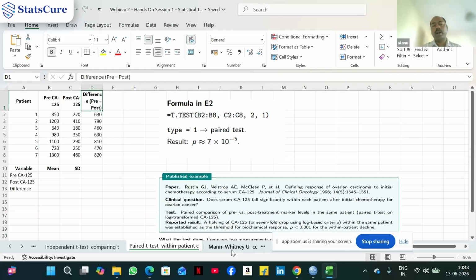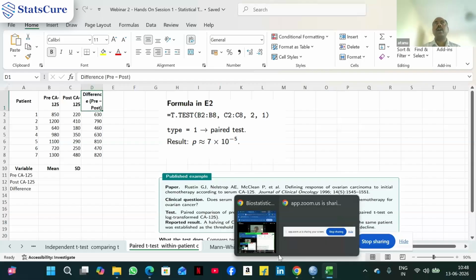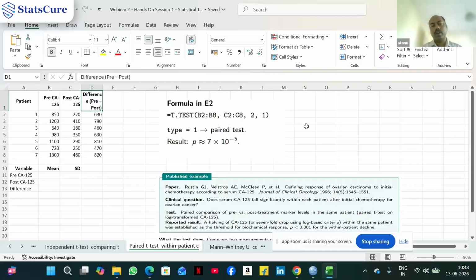Whatever statistical analysis we show here, you can consider the study broadly in two ways. One is prospective, where you keep recruiting patients and observing their values, or retrospective, where you already have data and are trying to compare the values.